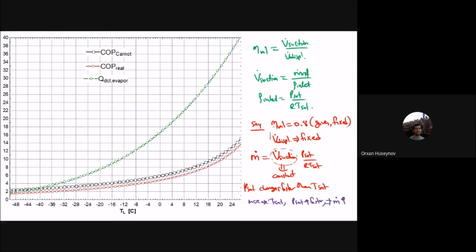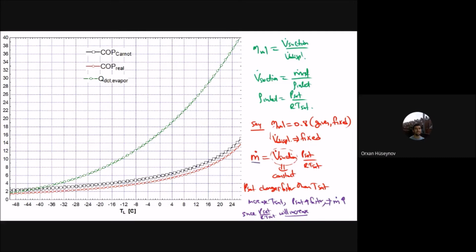Because this one is downstairs and this one is upstairs. This one increases faster than that one, therefore the total combination, P sat by R T sat, will increase. It's like a competition. And therefore mass flow rate increases.